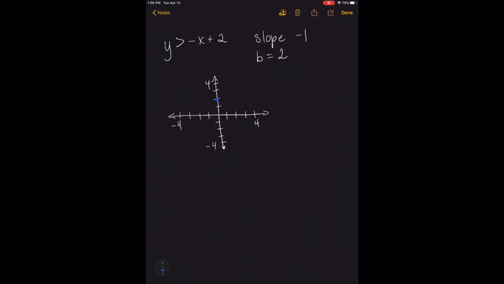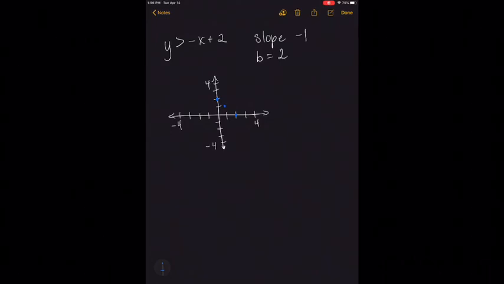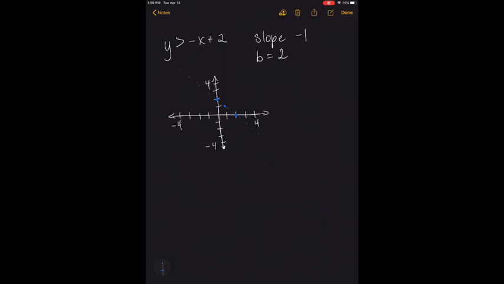Okay, our slope is negative 1, so from this point we go over 1, down 1, over 1, down 1. And then we can draw a line. Okay, what kind of a line? A dotted line going through those points.